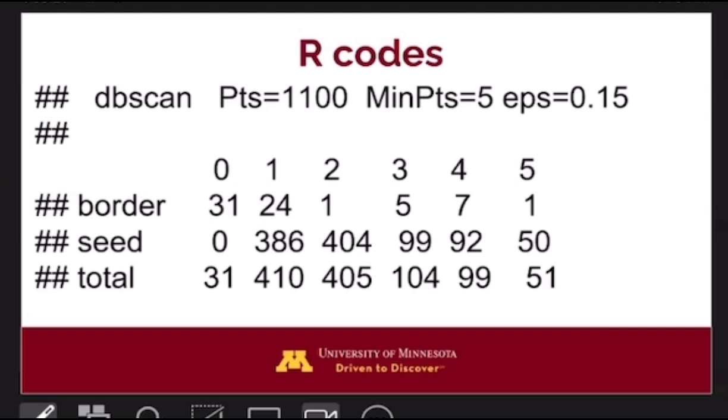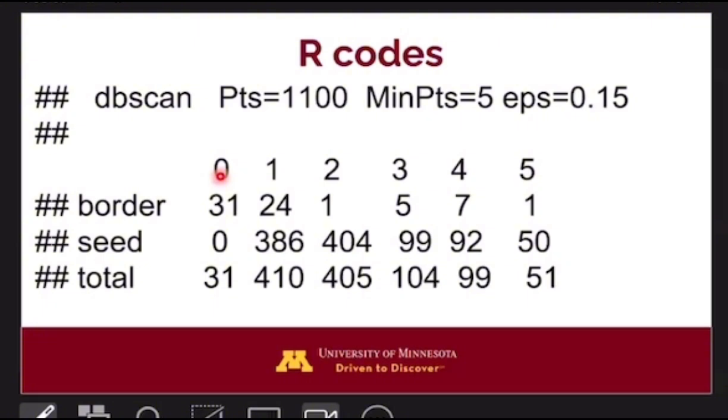So it's actually going to tell you what is in each cluster, what the numbers of the border points are, and the total. Now, 0 here is for the outlier. Does that make sense? Did I tell you the number of outliers? Then 1, 2, 3, 4, 5 represent cluster 1, cluster 2, cluster 3, cluster 4, cluster 5.